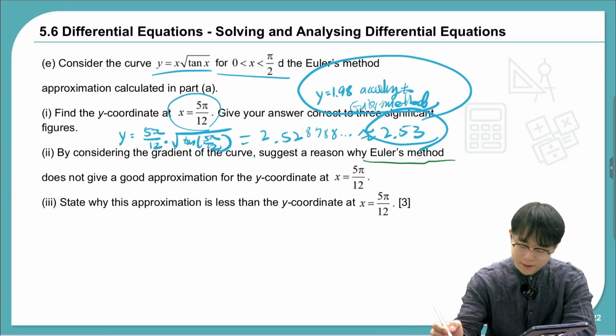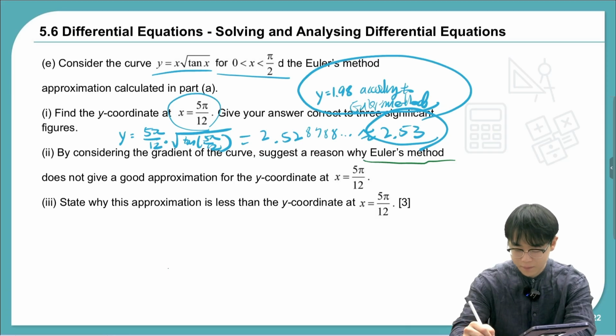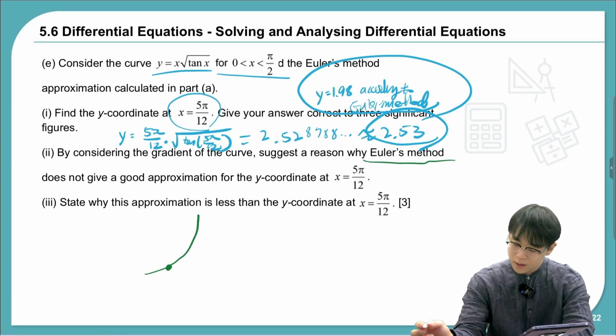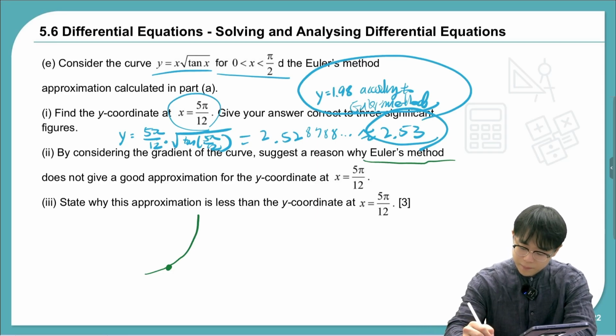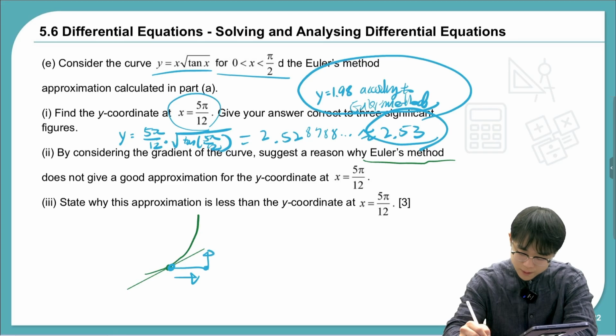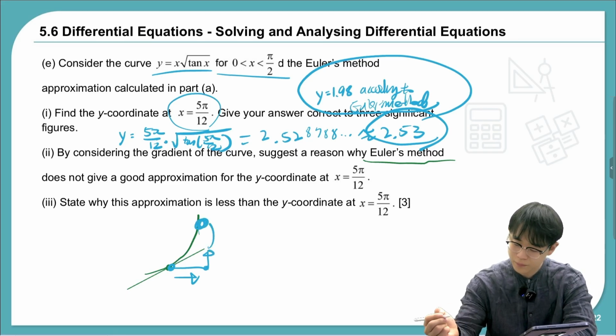So Euler's method does often diverge from the actual thing in cases where the gradient might be changing rapidly, right? So for instance, in Euler's method, we assumed that this trend would continue. That's probably why we thought, if x increases by this much, y should increase by this much. But actually, the true y value was here.